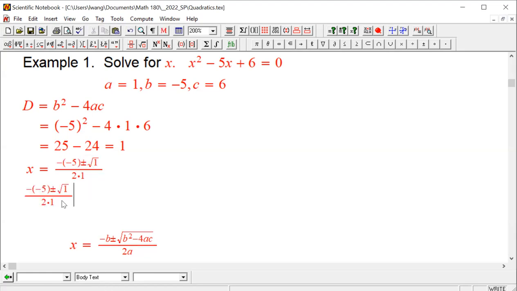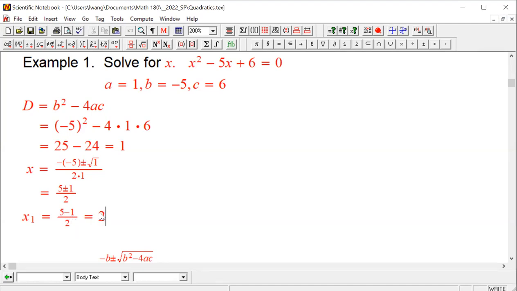And the next step, I'm going to simplify. So -5 becomes 5, the square root of 1 is 1, and 2 times 1 is 2, right? So now I anticipate I'm going to have 2 solutions, because of plus 1 and minus 1. So I have x sub 1, that's 1 solution. That's going to be 5 minus 1 over 2. It doesn't matter which one you call x1, right? And that's going to be what? 5 minus 1 is 4. 4 divided by 2 is 2.